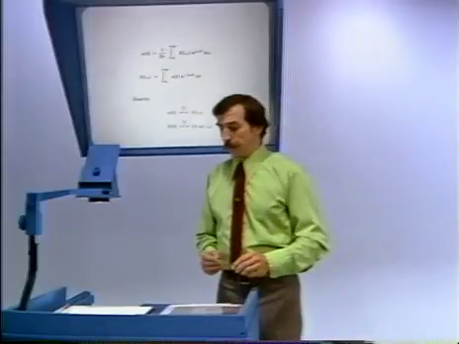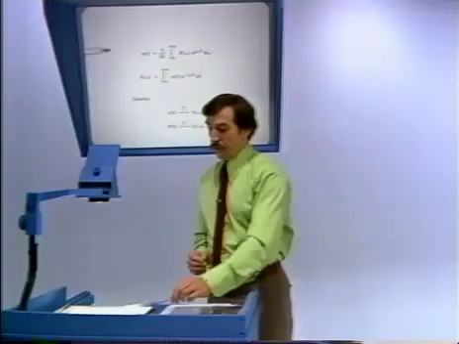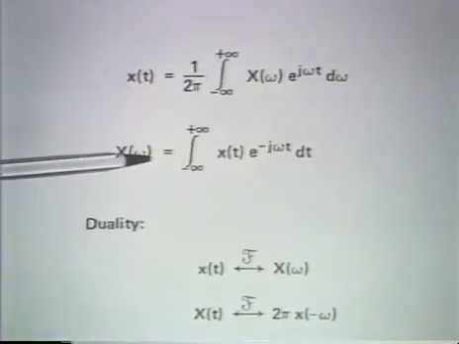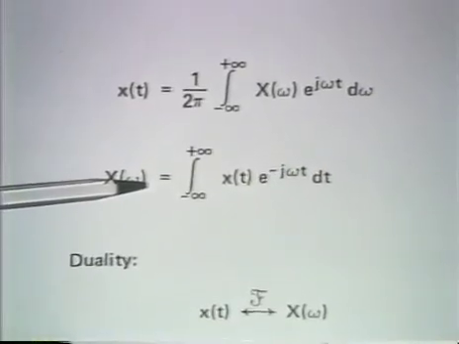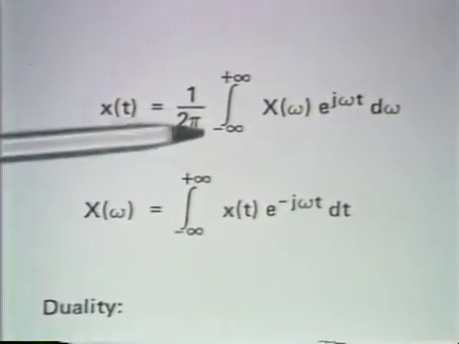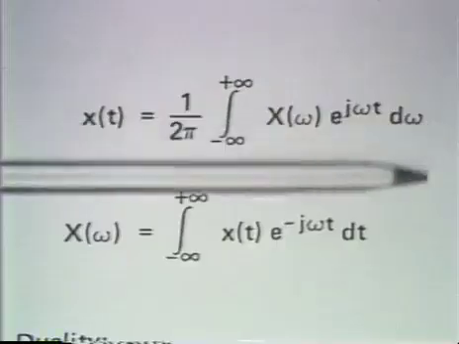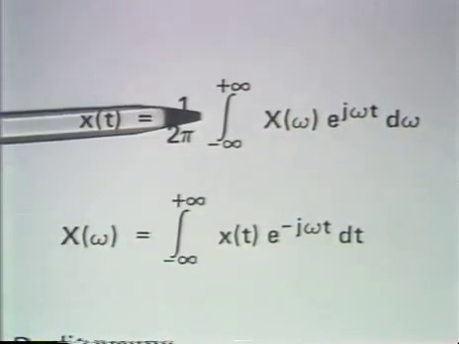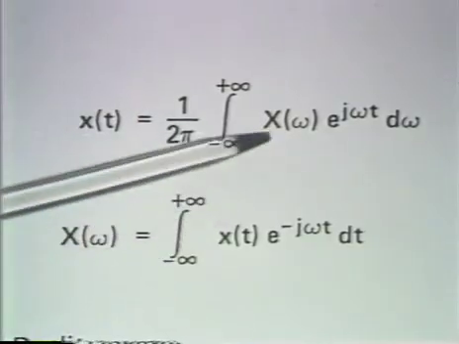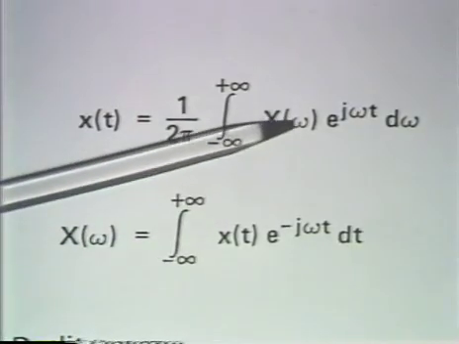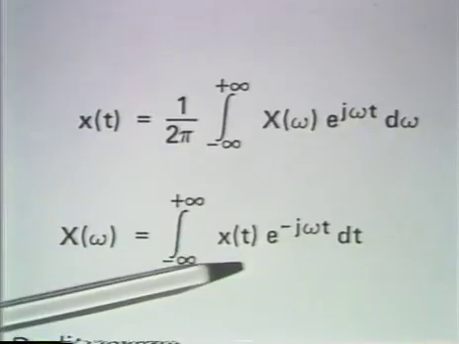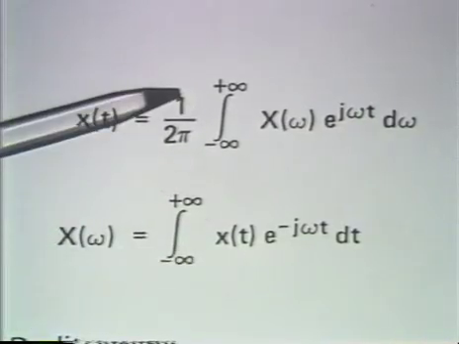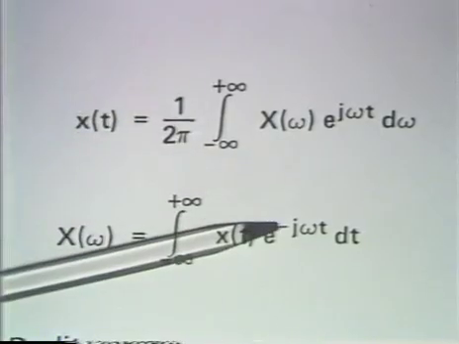In particular, if we look at the synthesis equation, which I repeat here, and the analysis equation, which I repeat below it, what we observe is that these equations are basically identical, except for the fact that in the top integral we have things as a function of omega, in the bottom integral as a function of t, and there's a factor of 1 over 2 pi, and, by the way, a minus sign.